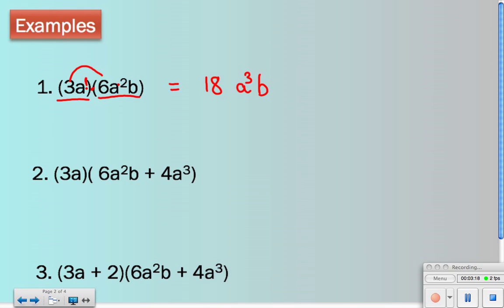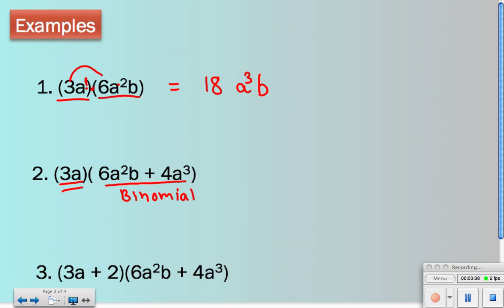Notice the second one's a little different. I have a monomial out front, but then this is called a binomial. There are two terms here, and the terms are separated by an addition sign.